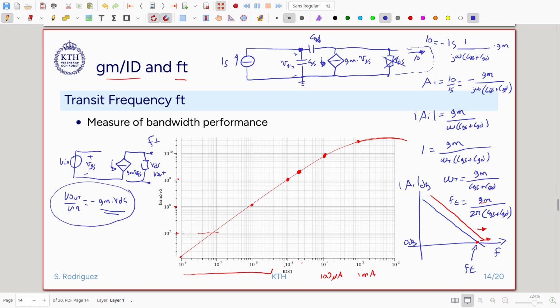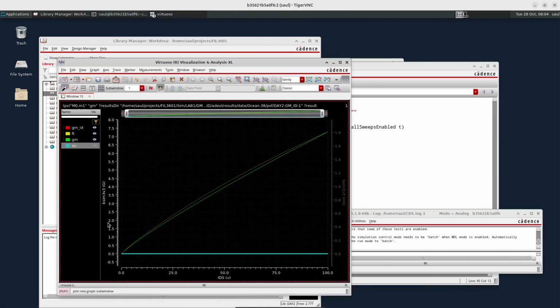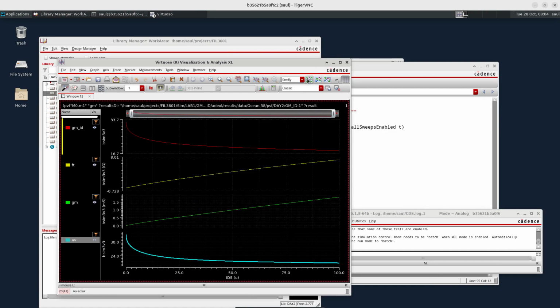I can have the voltage gain of this transistor as part of my curve, so I will want to have actually these four in the same plot. So what we do is that we extract these four, and then we can plot them together.